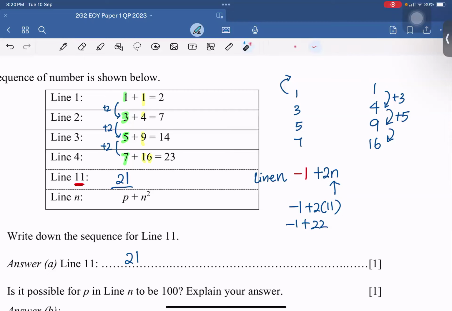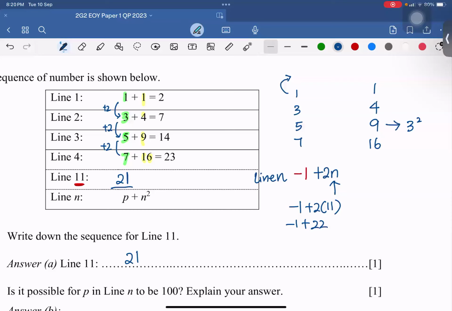So the numbers here are not the same, so we cannot use adding. What we can do is think of power. Can you tell me what's so special about the number 9? 9 is the square of something. 3 to the power of 2.